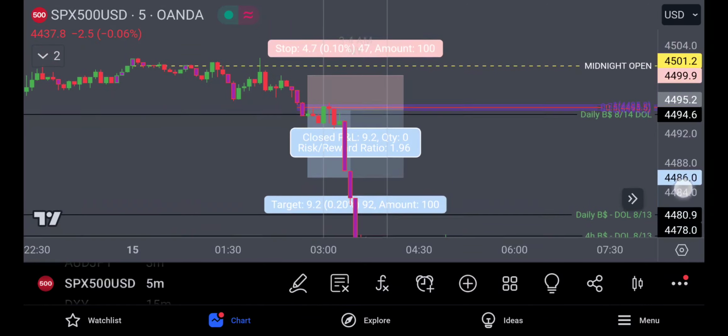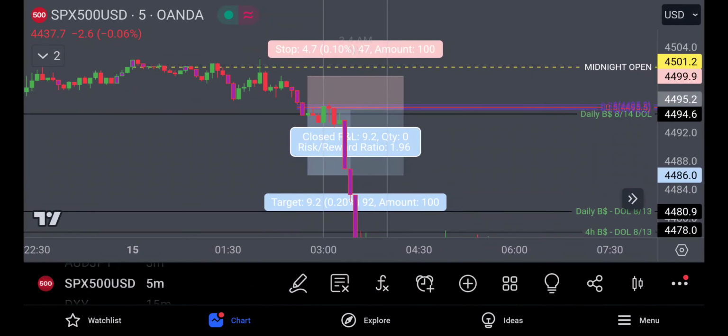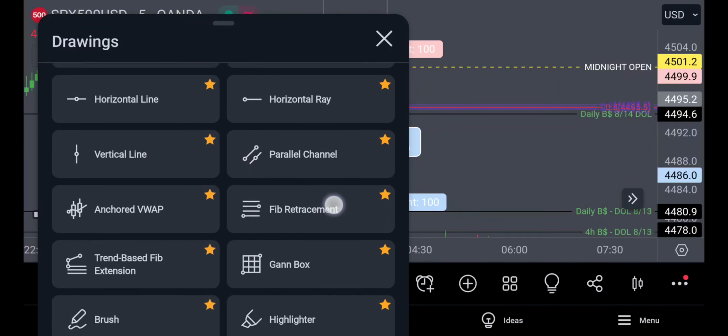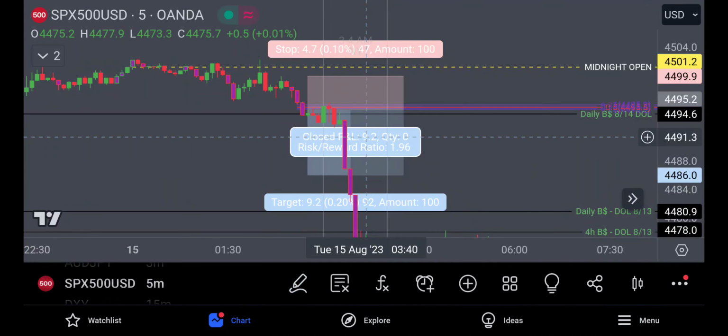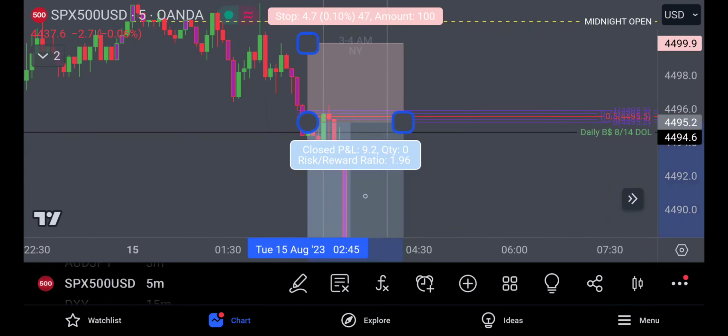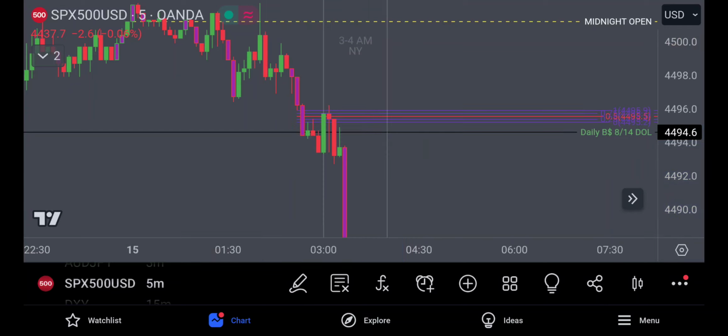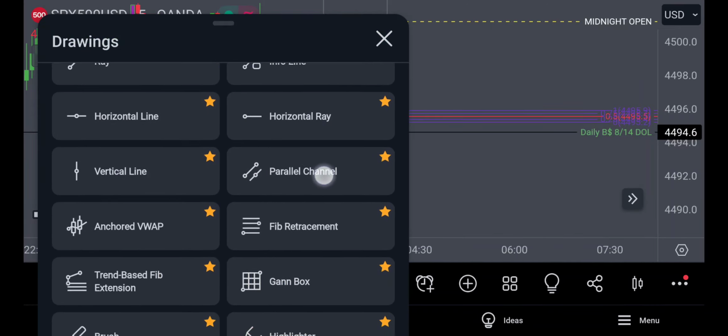And typically, what I do, guys, just to show you again, I do projections. So I look for the manipulation, basically where price, in this case, would have swung up, but then came down. So I'm going to set my projection.